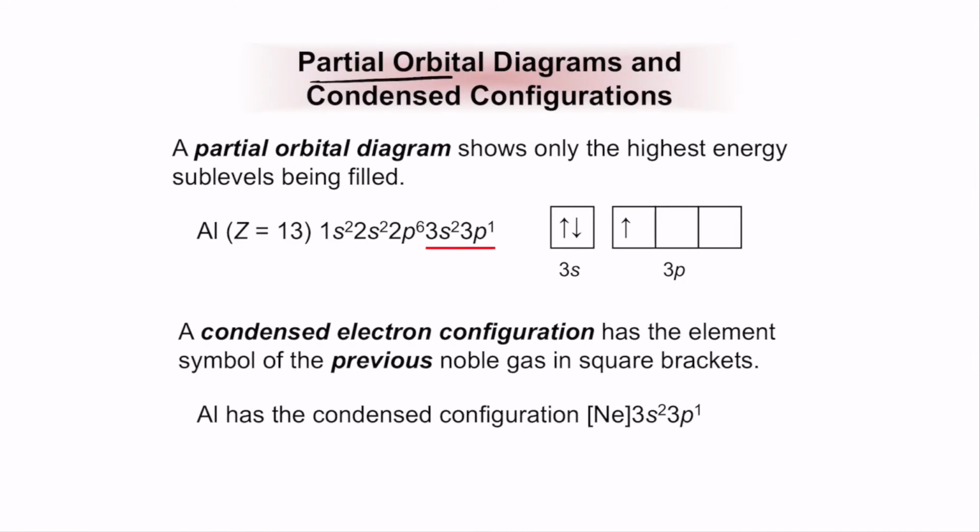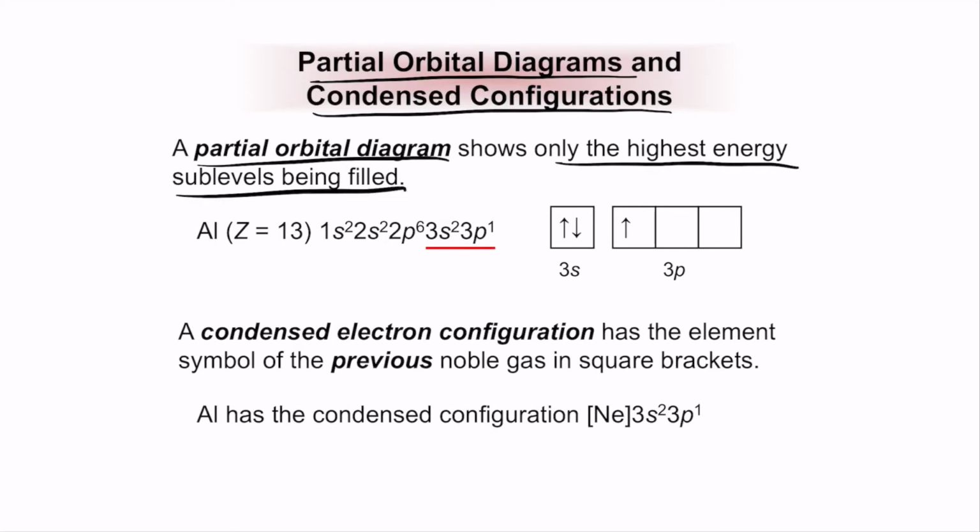Next, let's talk about partial orbital diagrams and condensed configuration. In the entire configuration, let's take an example of a partial orbital diagram. A partial orbital diagram basically shows only the highest energy sublevels that are being filled. Take aluminum, which has atomic number 13. You start from 1s2, then 2s2, next 2p6, next 3s2 and then 3p1.